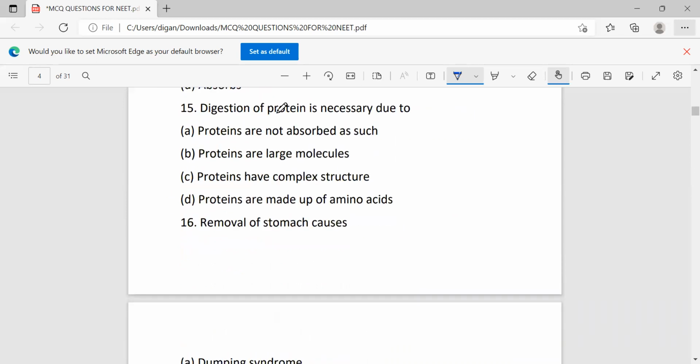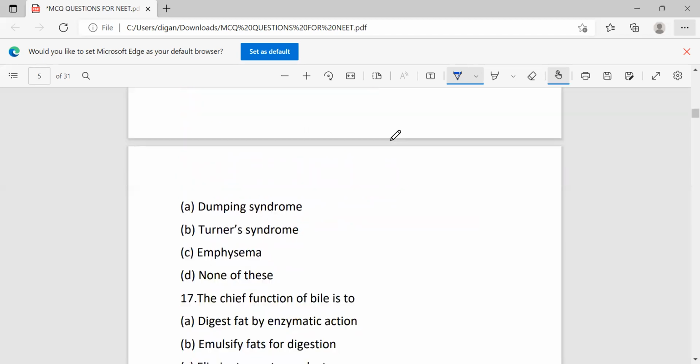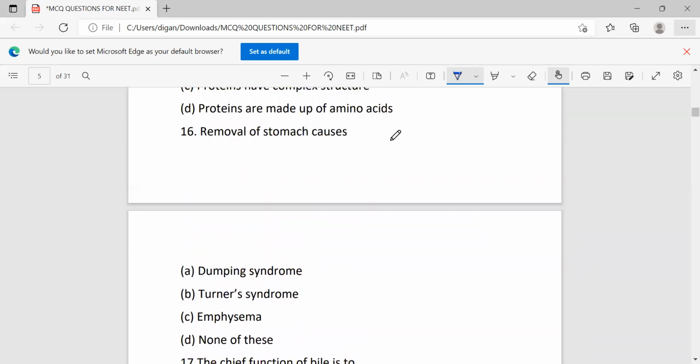Next, digestion of protein is necessary because proteins are large molecules, proteins have a complex structure, proteins are made up of amino acids, or proteins are not absorbed as such. And the correct option is A, means proteins are not absorbed as such. Next question: removal of the stomach causes what? Dumping syndrome, Turner syndrome, emphysema, or none of these.